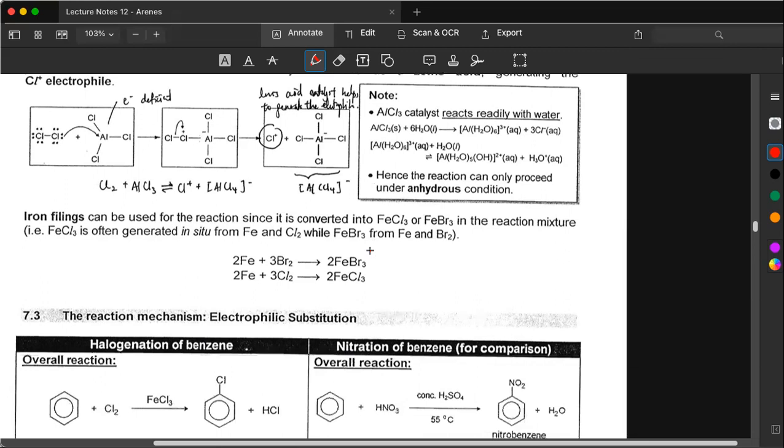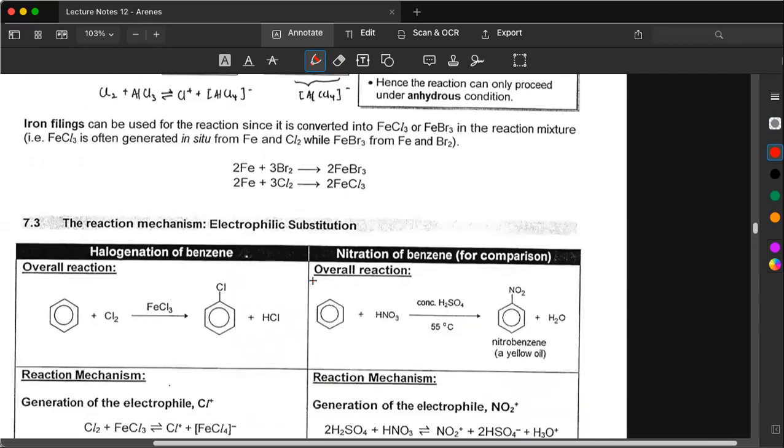So the condition has to be anhydrous, in the absence of water. We also use iron filings because they can also bring about the polarization of the halogen. And this is how we can make the two catalysts, FeCl3 and FeBr3.